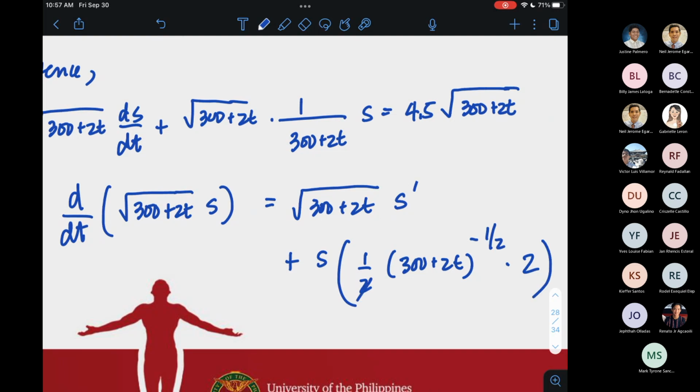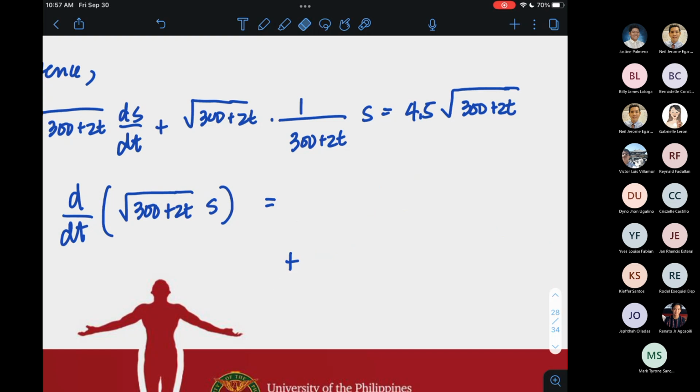Right? Na-cancel si 2. So, magiging 1 over square root ng 300 plus 2t, which is exactly this one after simplification. Okay? Kasi ito ay maka-cancel, magtitira ng square root dyan. Oops, that's exactly what we wanted. Okay? So I think everything is in order here.